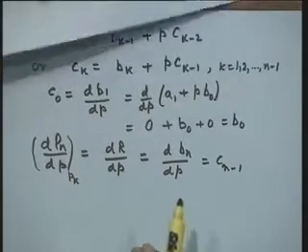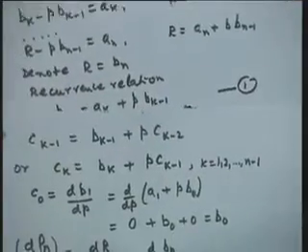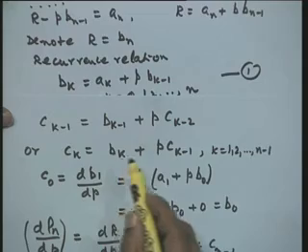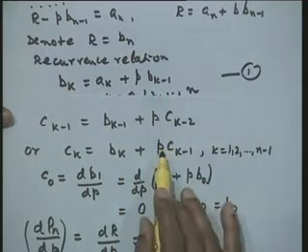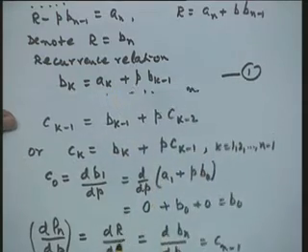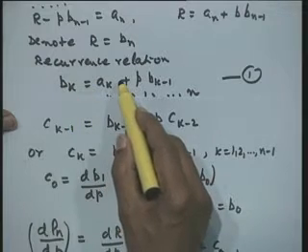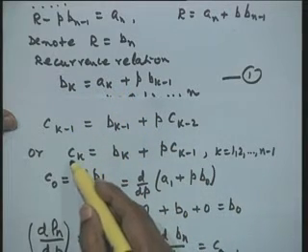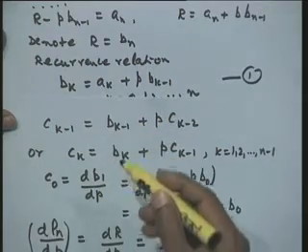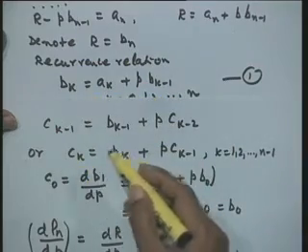But if you just look at the two recurrence relations, Bk is equal to Ak plus P Bk minus 1, and Ck is equal to Bk plus P Ck minus 1, both are identically the same except B is replaced by C, A is replaced by B. In other words, the procedure that I use for getting Bk from Ak is identically the same as how we derive C from B. That means, as I proceed with the synthetic division, if I obtain Bk from Ak, I can then obtain Ck by an identical procedure from Bk.